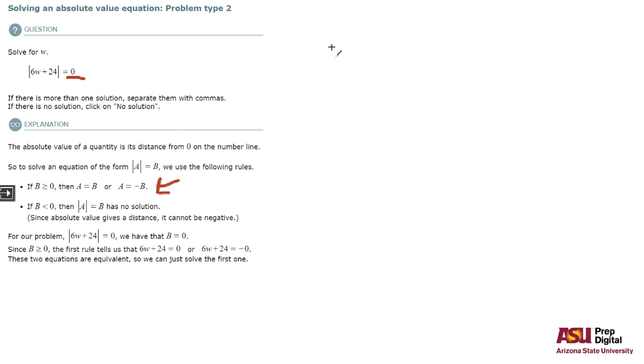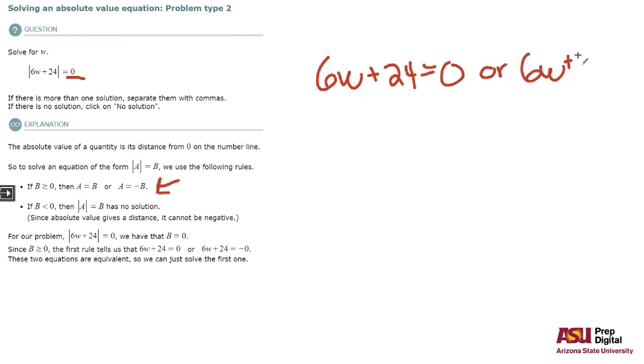And so we have 6w plus 24 is equal to 0, or 6w plus 24 is equal to negative 0. Now, if this was any other number besides 0, we'd have two different equations to solve. But 0 is the only number that doesn't have a direction, so this really isn't anything different.